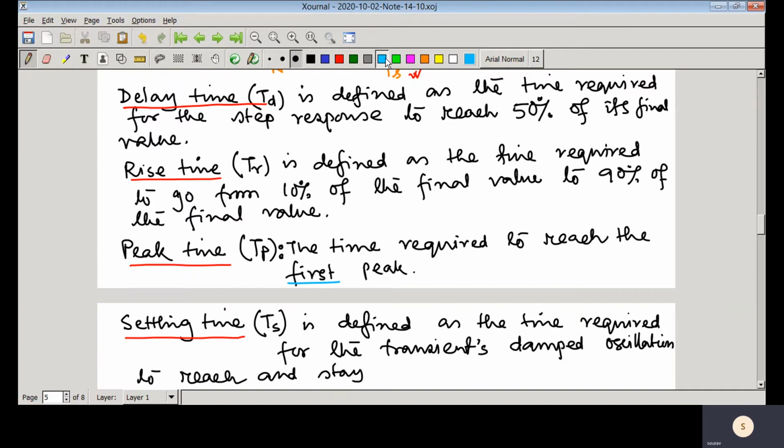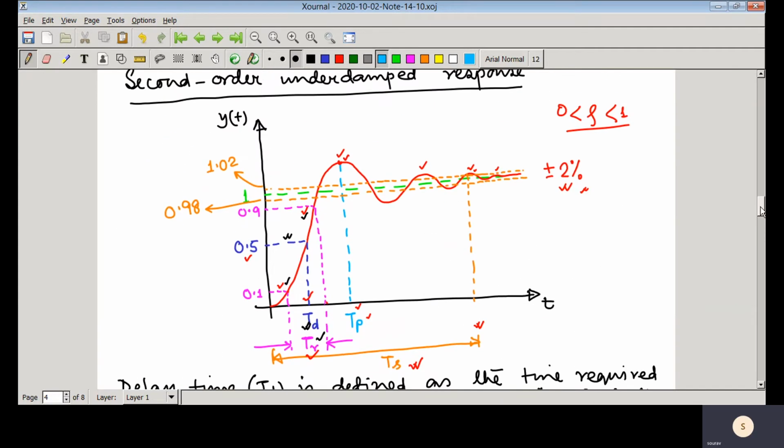The reason is you can see that this response actually here also reaches but does not stay inside that plus minus 2% band, because after some time it goes out again. But you see, this is the point where it first reaches and stays inside that plus minus 2% band.